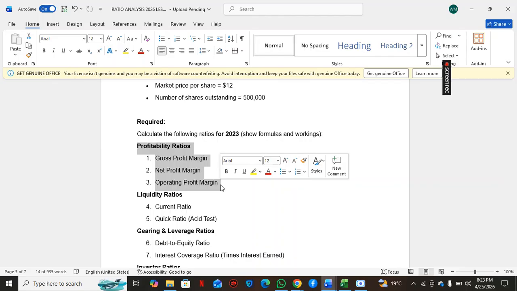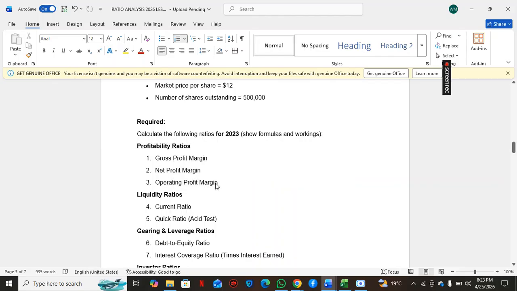If your company is not profitable, your operations are not generating you profits. So we have the gross profit margin and we have the net profit margin and the operating profit margin.